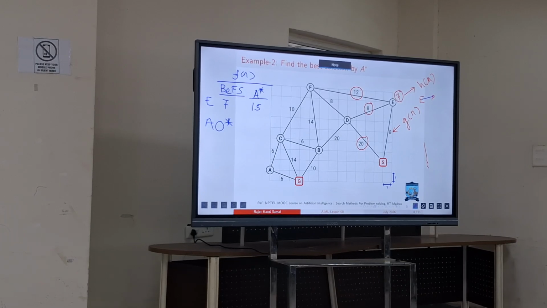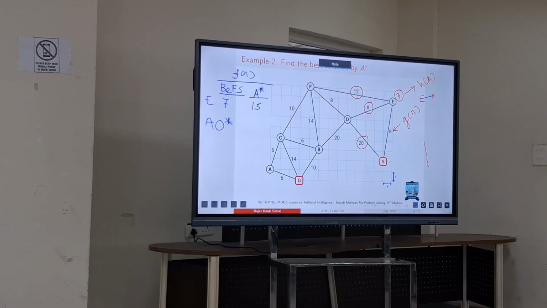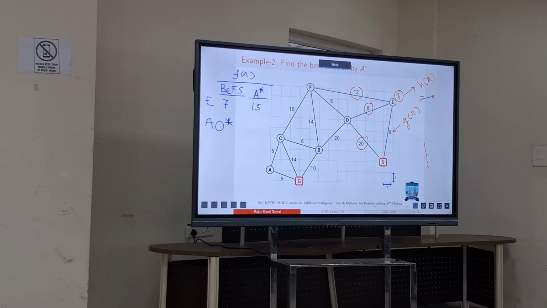Now we will see the third kind of problem, which is known as Minimax. In informed search, it's a huge topic. We have a complete course on this, but we are focusing on only three kinds of problems.